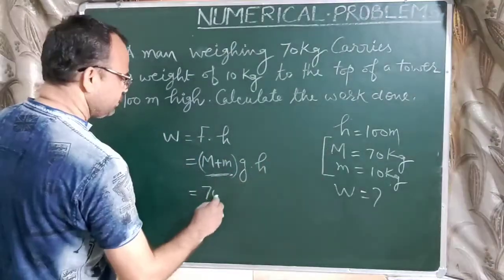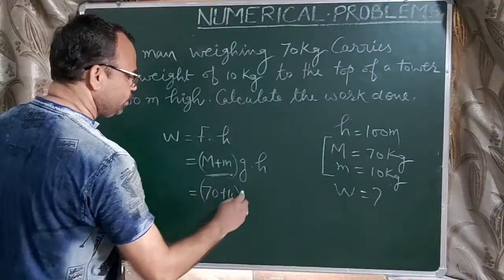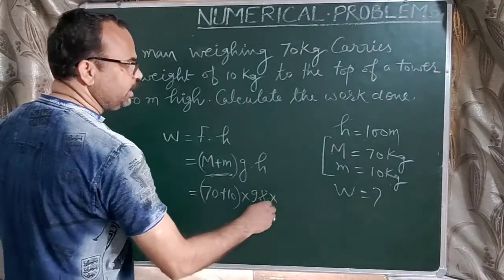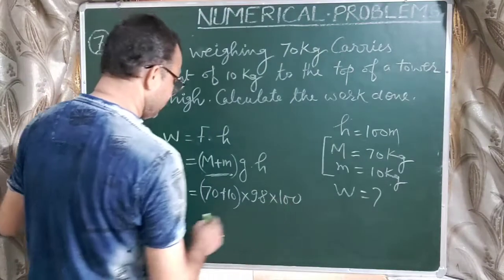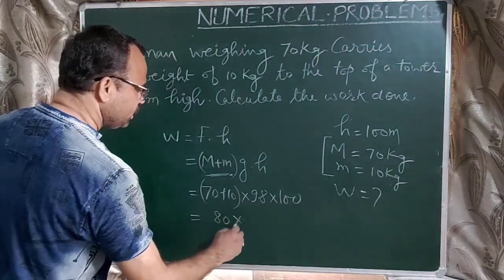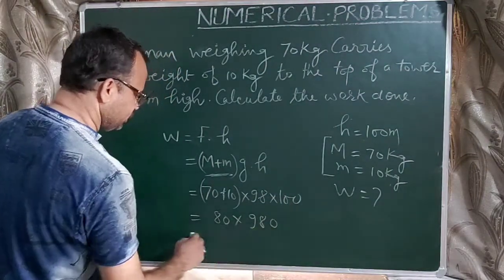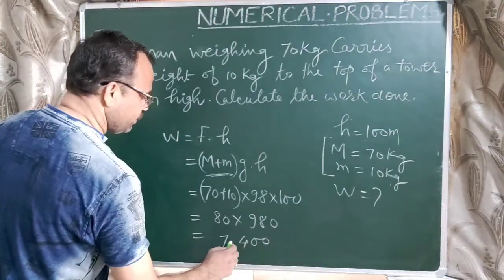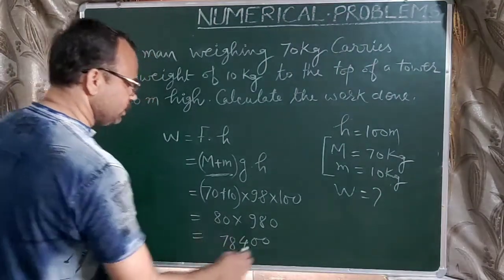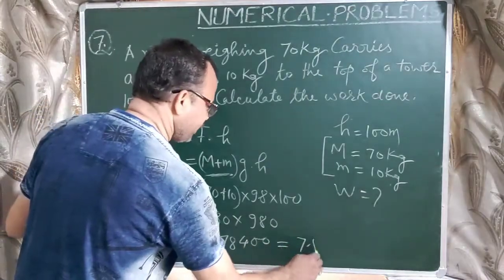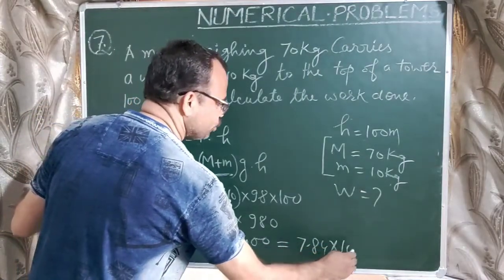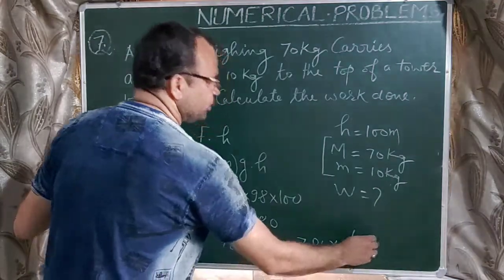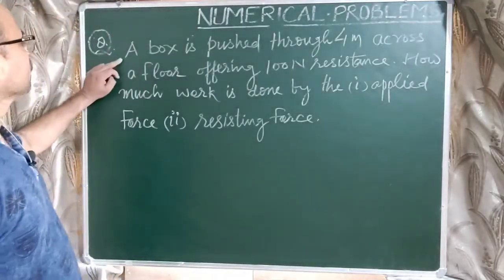So (70 plus 10) into g, 9.8, into h, 100. So 80 into 980 gives 78400. Or we can write 7.84 into 10 to the power 4 joule.